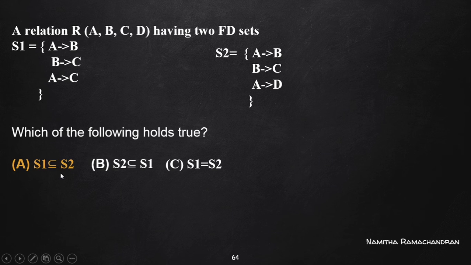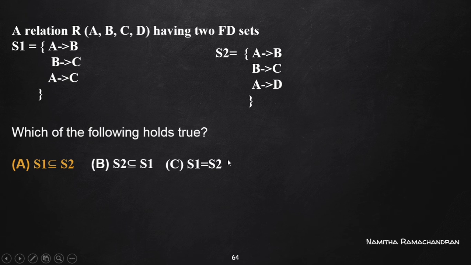Option A is the right answer. If both are valid, then we can conclude S1 equal to S2. But in our given example, this is not wholly true. So the right answer is S1 subset of S2, or S2 forms the cover for S1.